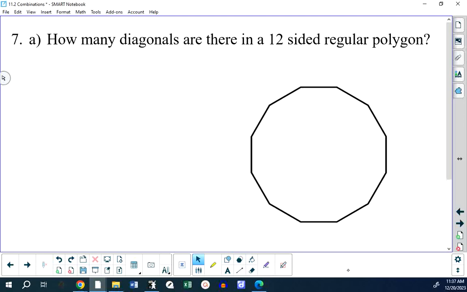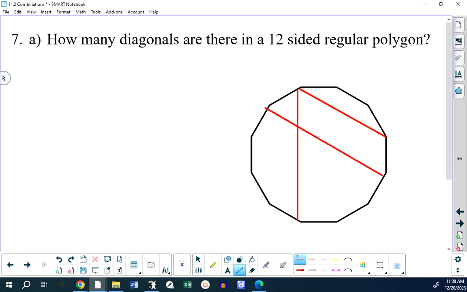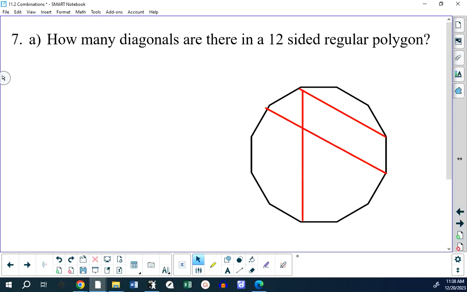A diagonal of a shape, a geometric shape, is a line segment that connects vertices. But a diagonal must be inside of the figure. So the first thing to note, and I'm not going to draw all of these diagonals, is that these 3 lines happen to be diagonals.